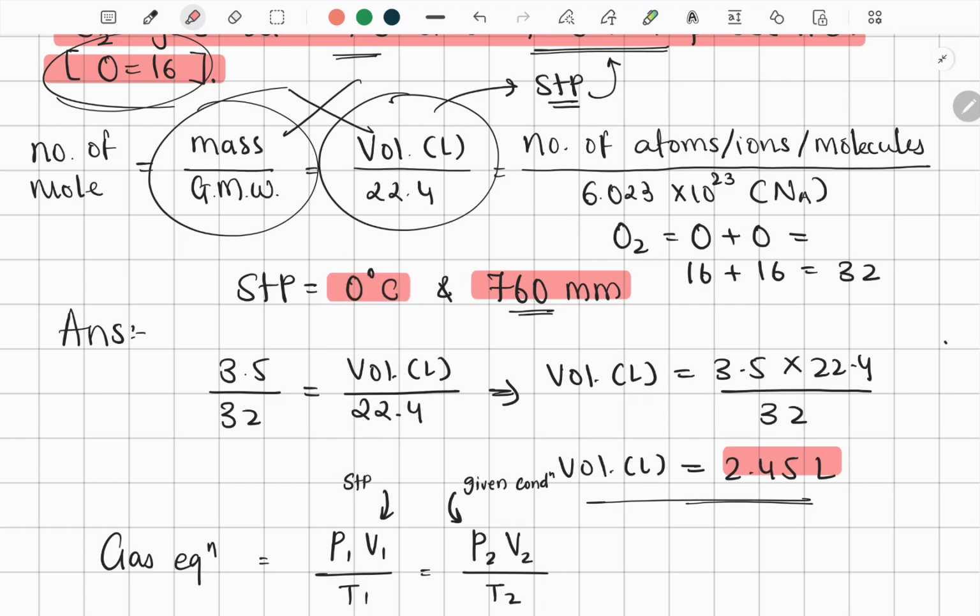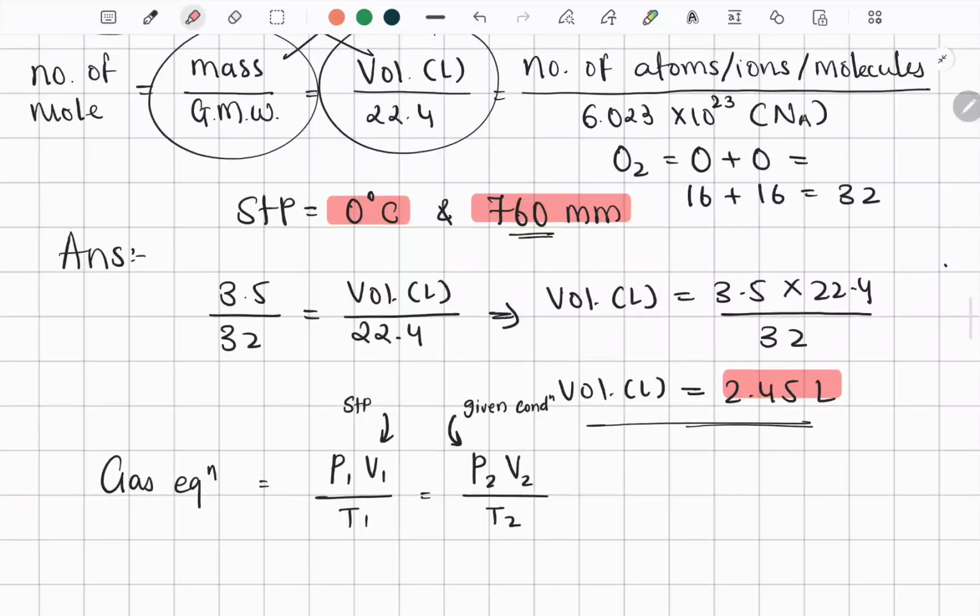But we cannot divide any fraction with 0; in the denominator it cannot be 0. So definitely we are not gonna use the degree Celsius. So a very important point when it comes to solving the gas equation is that pressure has to be in millimeter and the temperature has to be in Kelvin and not in degree Celsius.